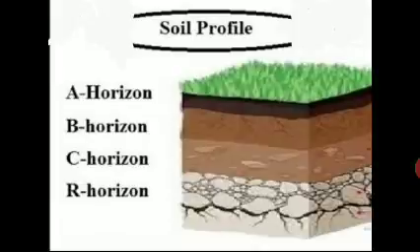Zone A is a zone of leaching and decomposition in which the minerals and organic matter are decomposed and converted into colloids. It is characterized by finely divided particles extending from a few centimeters to 60 centimeters below the surface.